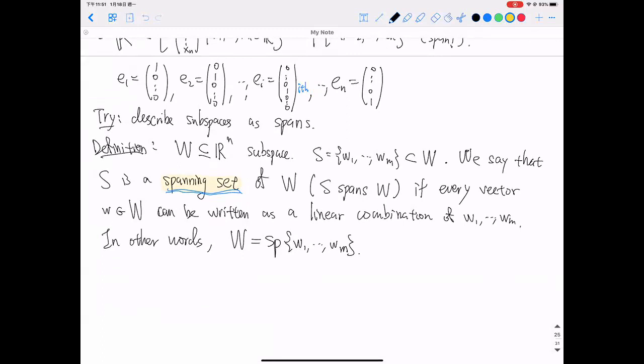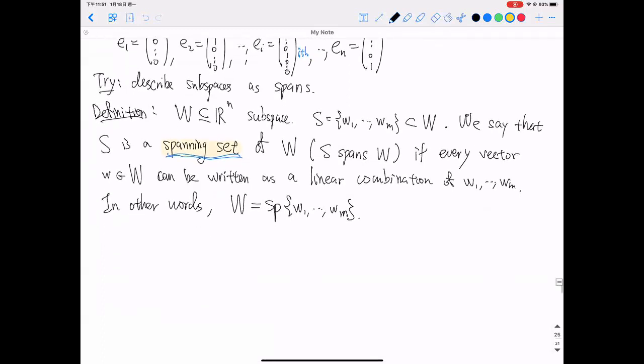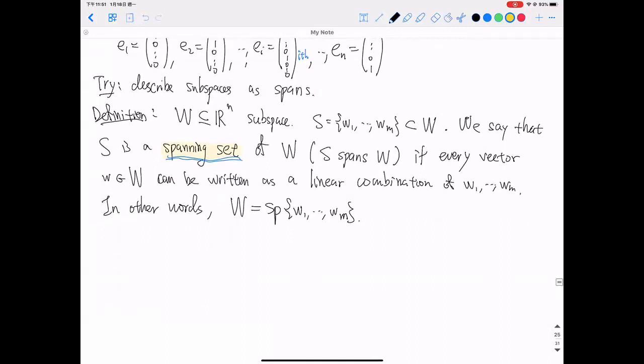Now we could be interested in some situations like the following. Say, example: let's say you have three vectors u1, u2, u3.